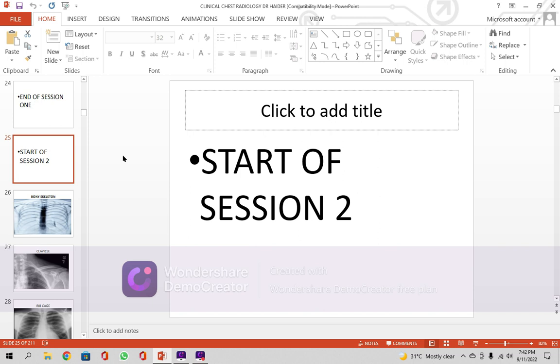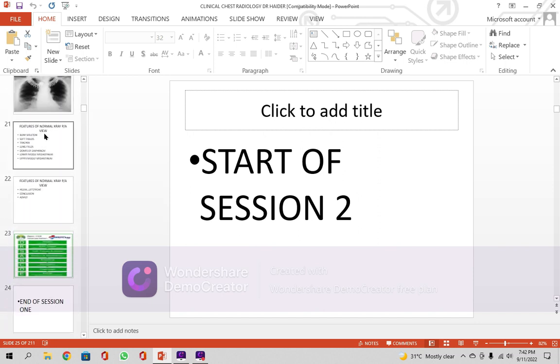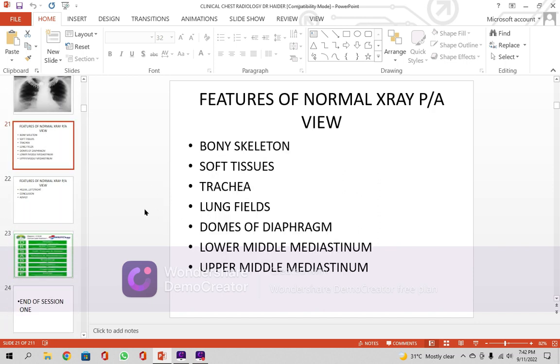Now afterwards I said how to read this X-ray. There is a reading protocol which has been shared with you previously, like this one, which is more beneficial to the students, that is, features should be of a normal X-ray.